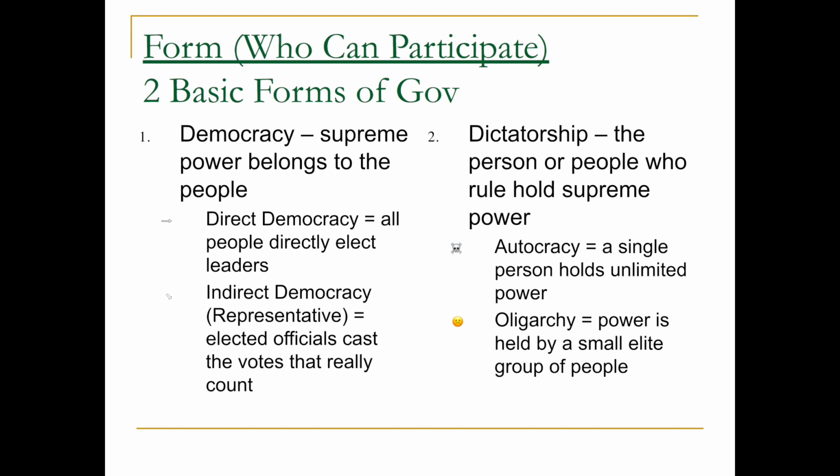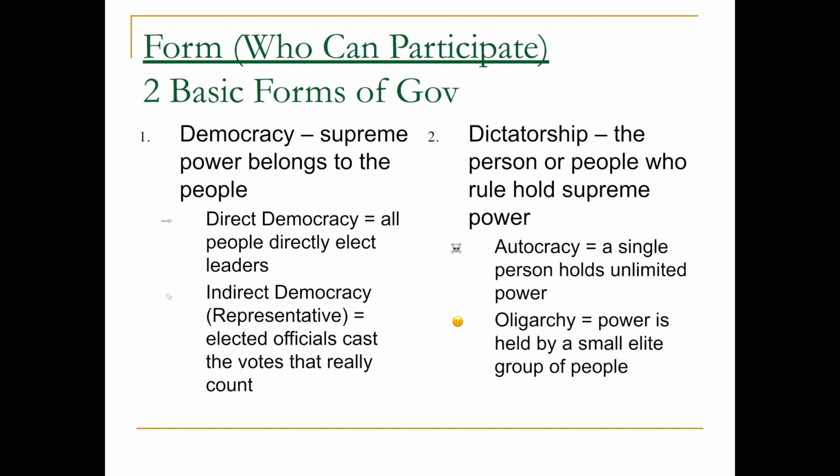Elected officials cast the votes that really, really count. And that's why we say your vote matters at the end of the day. Who you pick to make policy decisions for you can have life and death consequences sometimes. So that's the first basic form, democracy, and the second basic form is dictatorship.